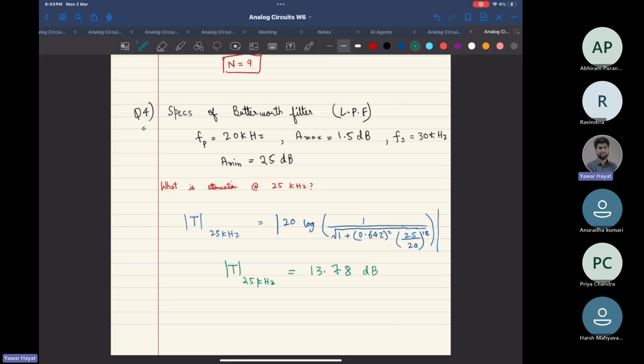Okay. So now, what if the specifications are the same, and you are interested in computing attenuation at, say, 50 kilohertz? What about that? If my filter is the same, what is the attenuation at 50 kilohertz?